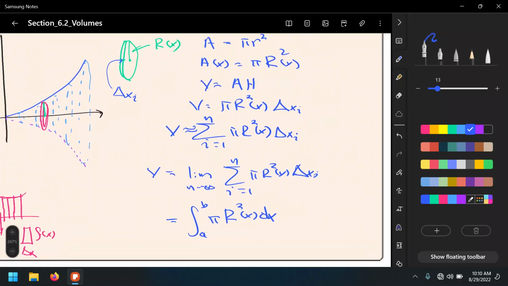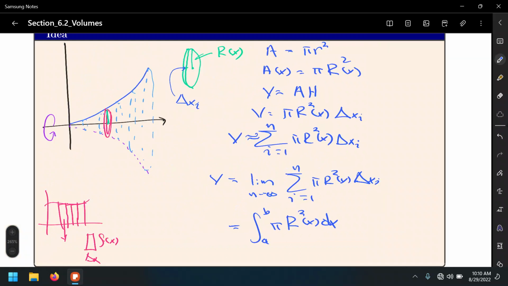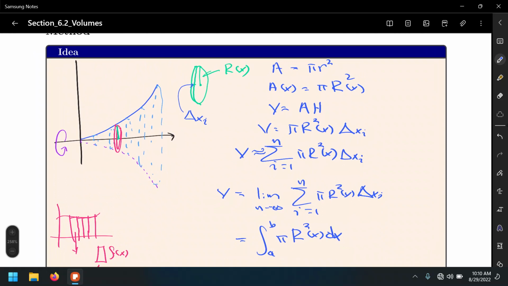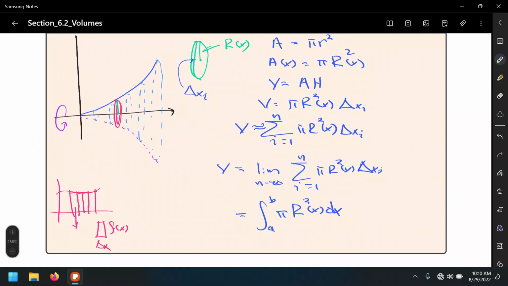But of course, I use the letter R here for radius to describe the function, the radius of the cylinder in terms of the function. Of course, we're going to go with, okay, let me take the pi outside of the integral from a to b of f of x squared dx, because ultimately this is R of x, a radius, but that's ultimately a function f of x.